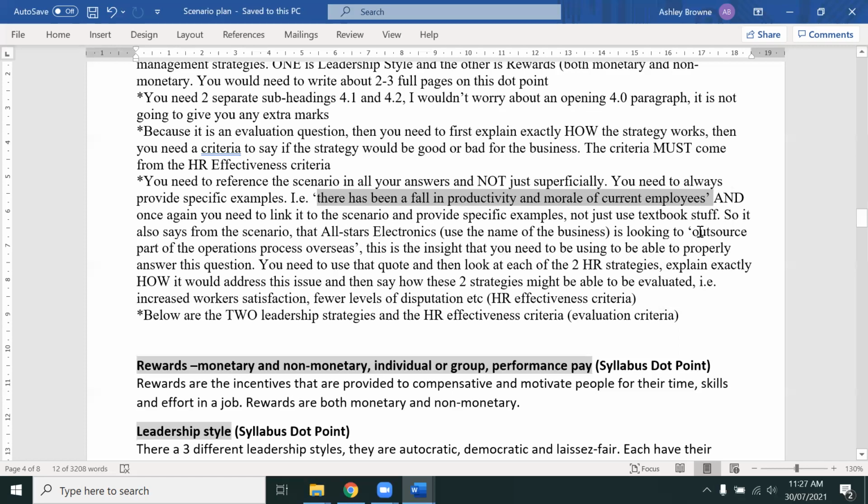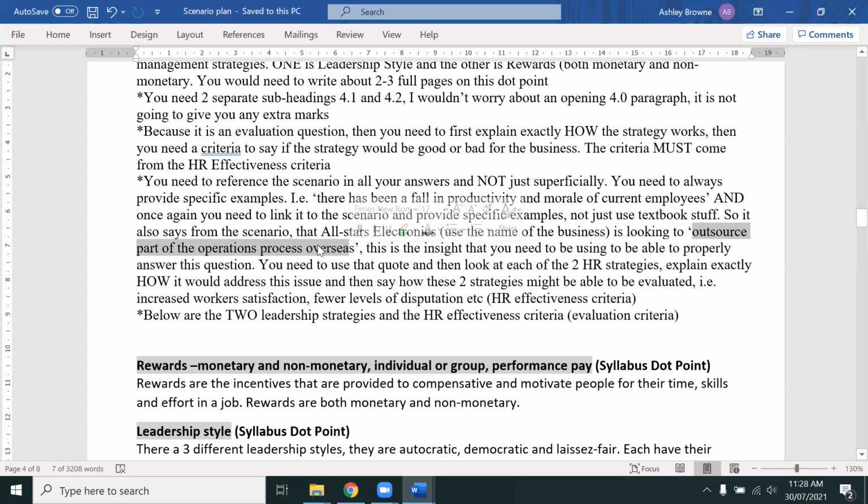I think it says here, they're going to outsource part of the operations overseas. Quote that as well. Show the marker that you get this. So that's the insight that you need. If you're working at the business and your job's going to be gone because it's being outsourced overseas, that's the dilemma that the marker's checking to see, rather than just regurgitating the textbook.